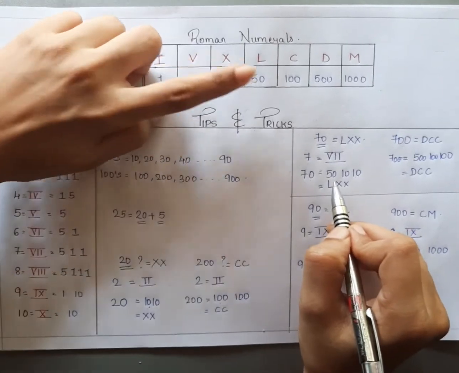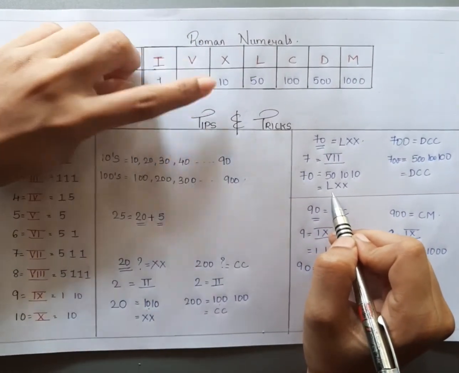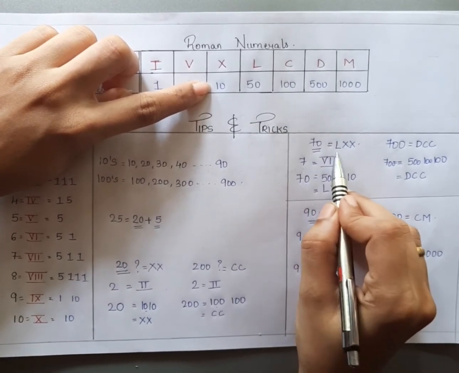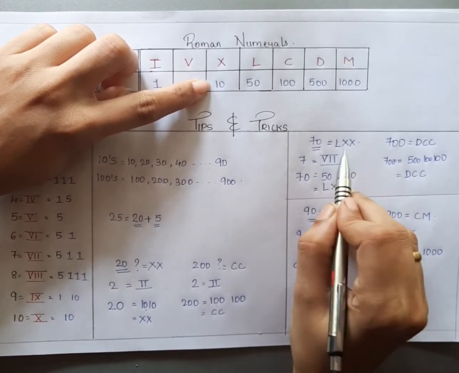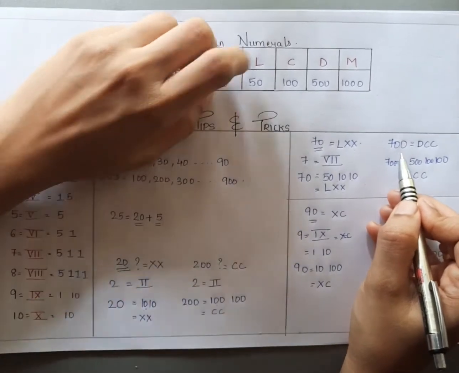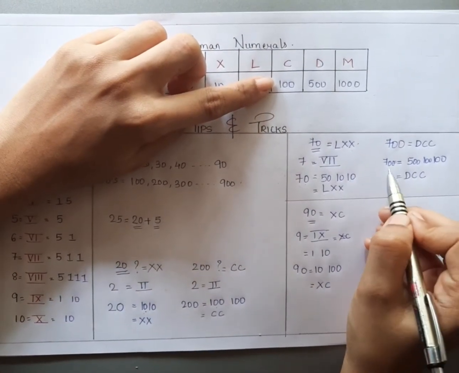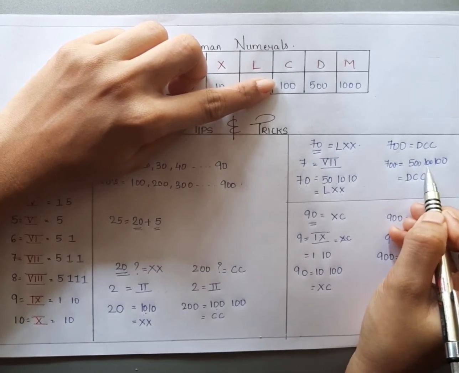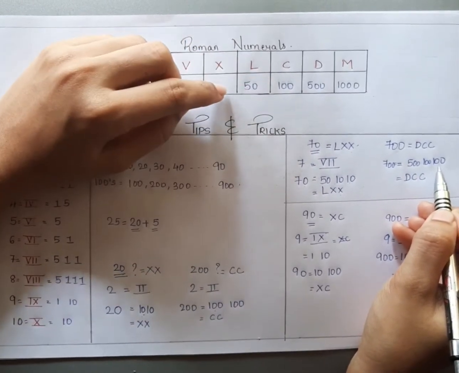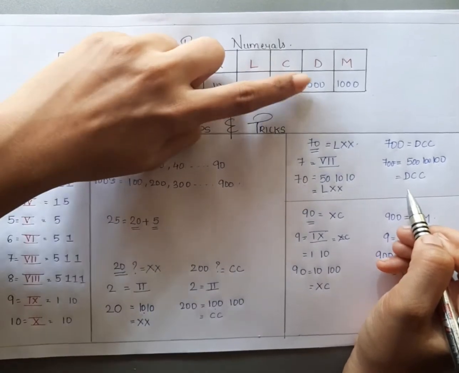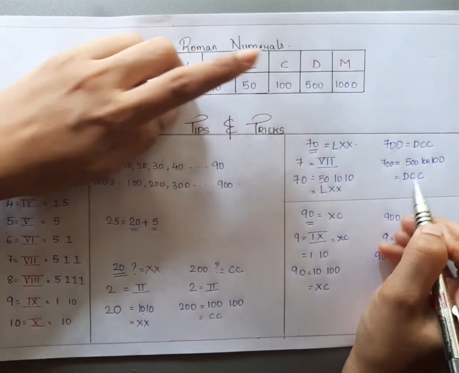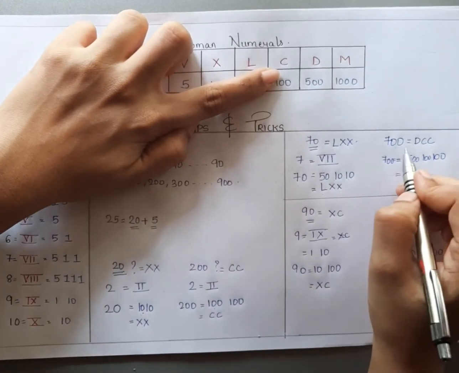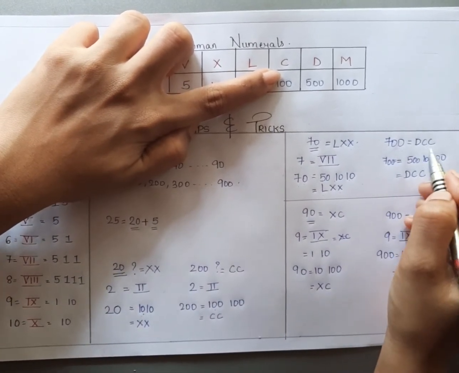The Roman numeral of 50 is L and of 10 it is X, X. So the Roman numeral of 70 is LXX. What if it is 700? Here 700 is equal to 500, 100 and 100. Replace these with the Roman numerals. For 500 it is D, for 100 it is C, and again C. So the Roman numeral of 700 is DCC.